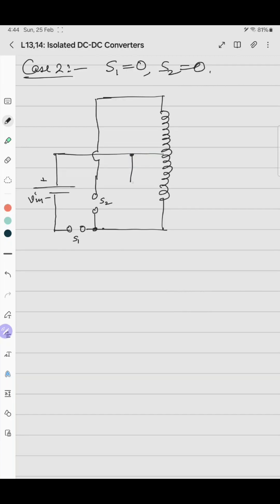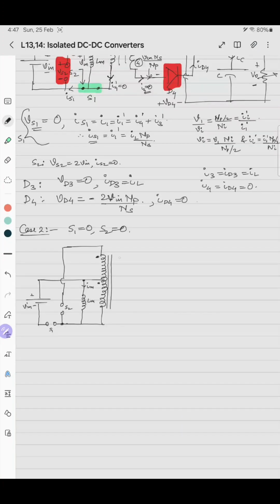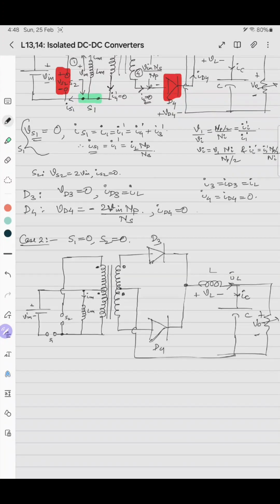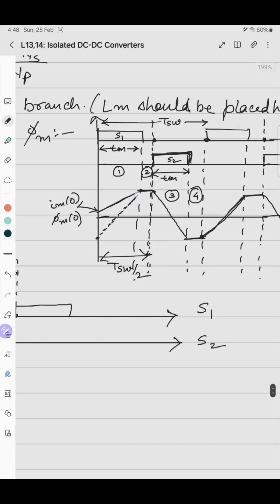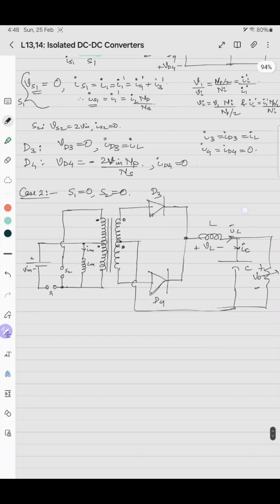So say this is the magnetizing branch LM, this is IM, this is the dot convention. Say IM has reached some value before turning off both the switches. So IM stays there, the current IM does not increase or decrease.